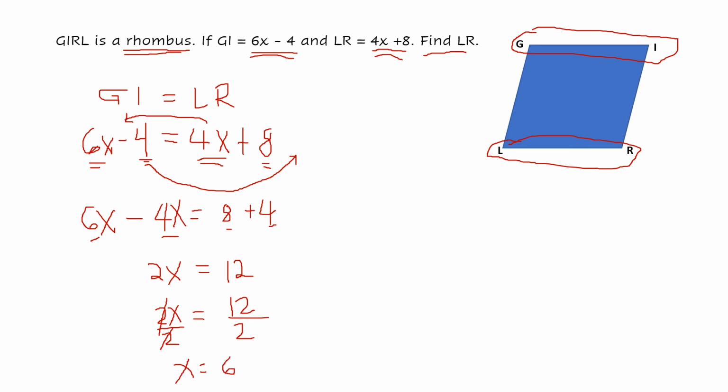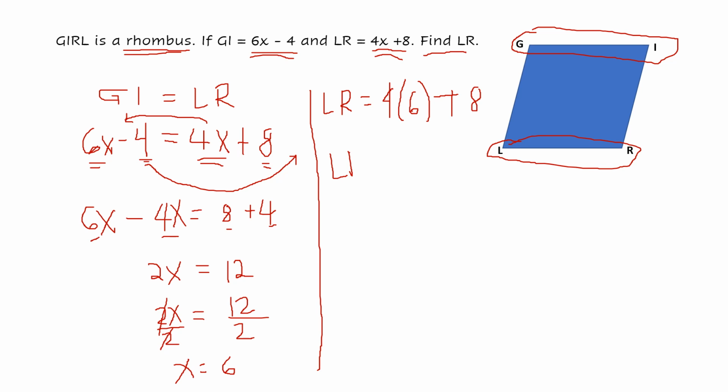Now, after solving for x, we are now going to substitute the value of x to the length of LR, which is 4x, but x now is 6, plus 8.